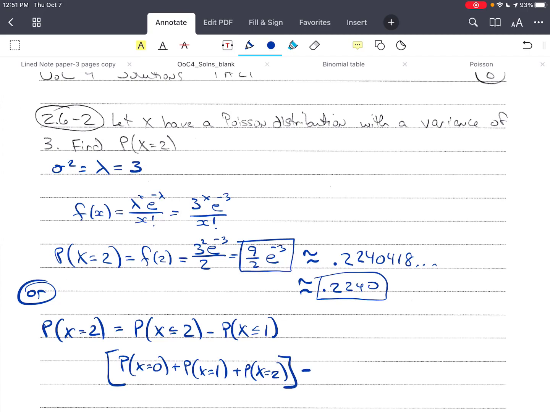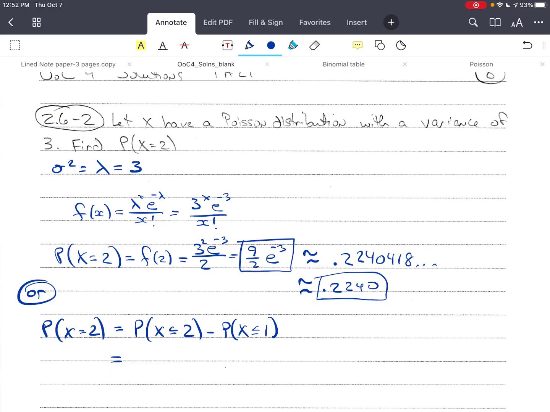And then we have minus the probability that x is equal to 0 plus the probability that x is equal to 1. So we're getting rid of these. Because we have a subtraction here, we're getting rid of these, and so that leaves us the probability that x is equal to 2. So that's one way to see that.